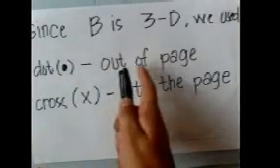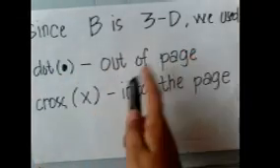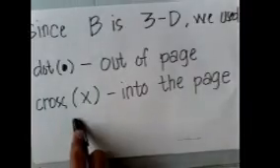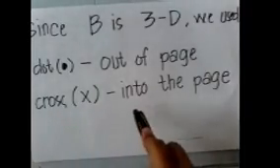Since the magnetic field is three-dimensional, it's often necessary to draw magnetic field lines that point into or out of the plane of the drawing. To represent this, we use a dot to represent a field directed out of the page, and a cross for into the page. If it is a dot, the direction of your magnetic field is out of the page.